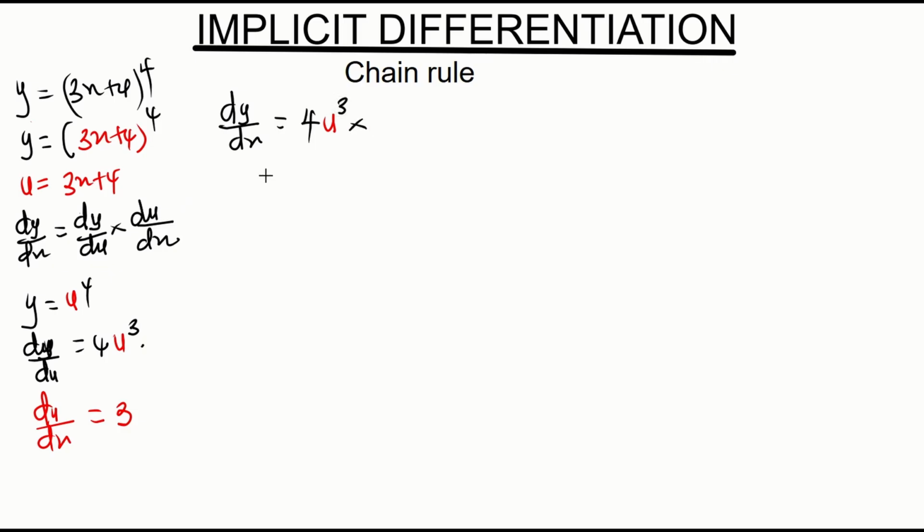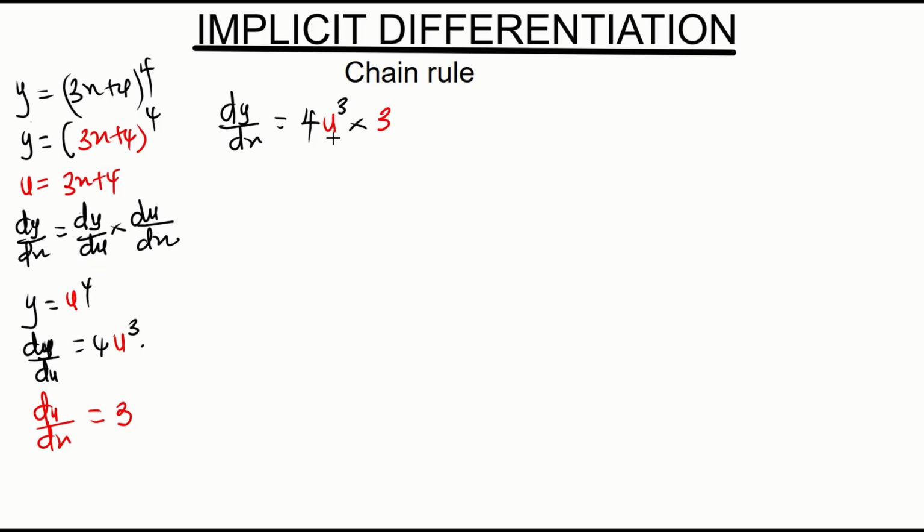And this is multiplying our du dx, which is the differential of this one, and this is going to be our 3. So we multiply that with our 3 here, which now gives us our dy dx. By this, we can simplify further.